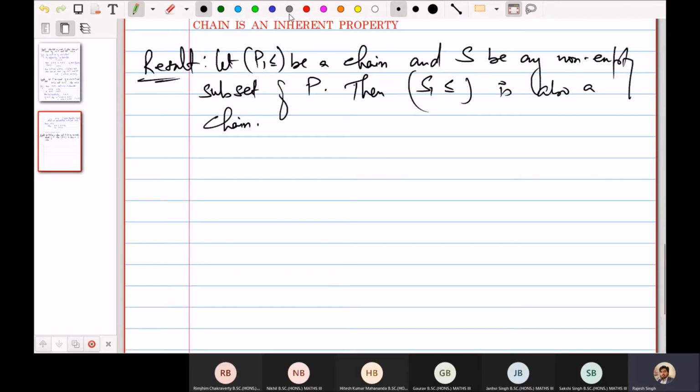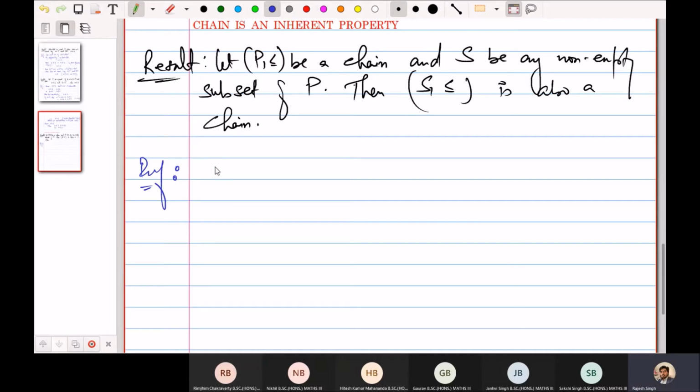S is a chain. क्या होती है definition chain की? Every pair of elements of P is related to each other. हाँ, वो P तो chain है. अब हमें show करना है S is a chain. So हमें क्या show करना होगा? Every pair of elements in S are comparable, right?